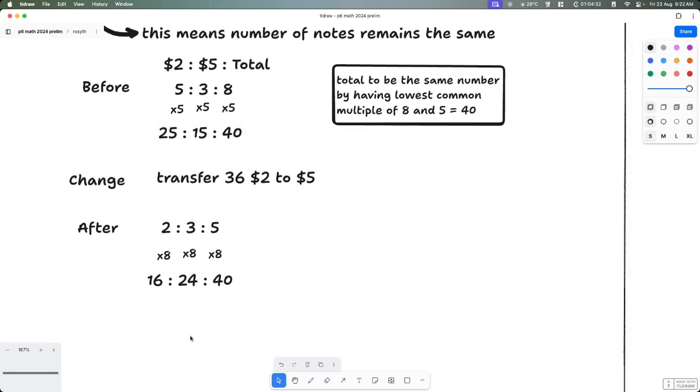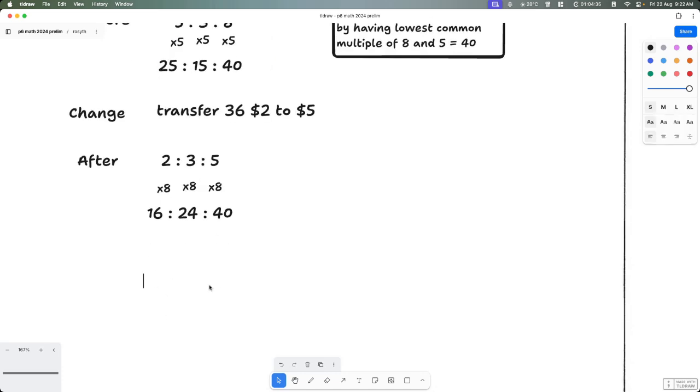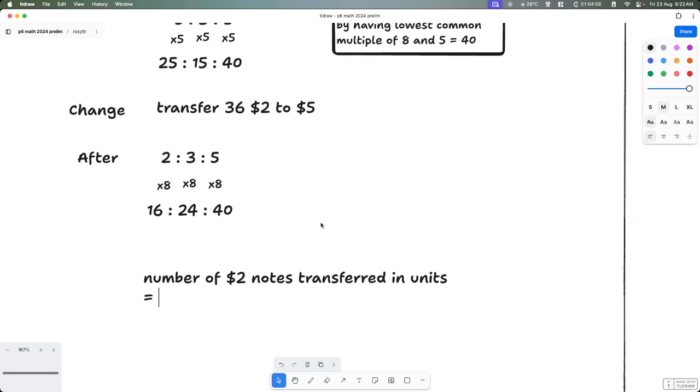So in the end, the number of $2 notes transferred is equal to the number of $2 notes in units, right? So transfer is double R. That means it's just 25 minus 16, which is equal to 9 units, right?